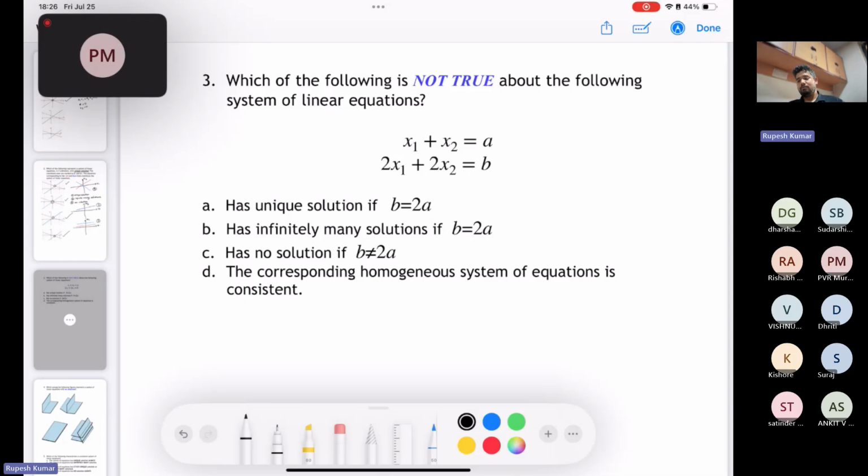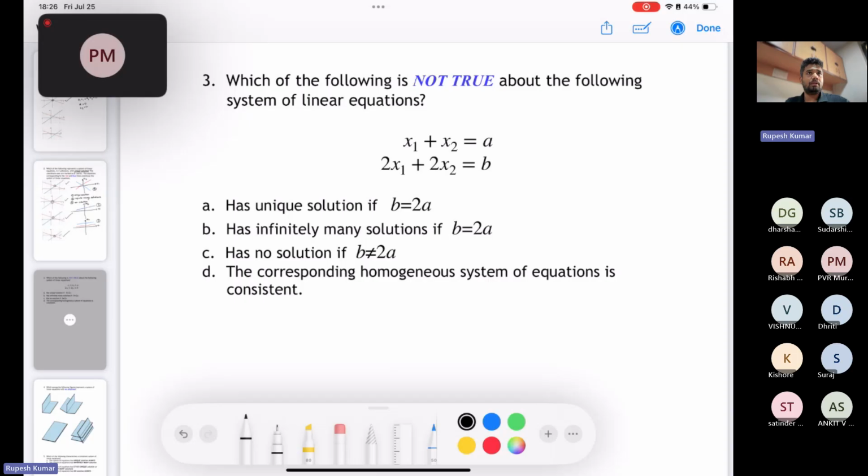Fine. So why consistency? Let's go back. What is the meaning of consistency? The meaning of consistency is that it contains at least one solution. A system of linear equations is said to be consistent if there is at least one solution to the given system of equations.